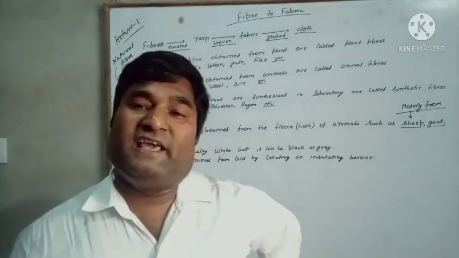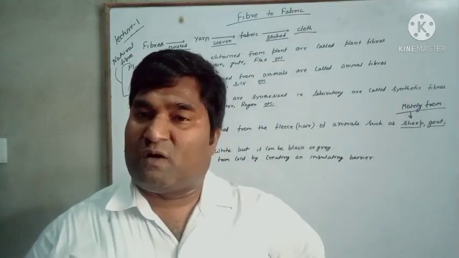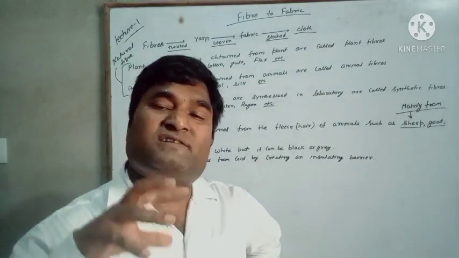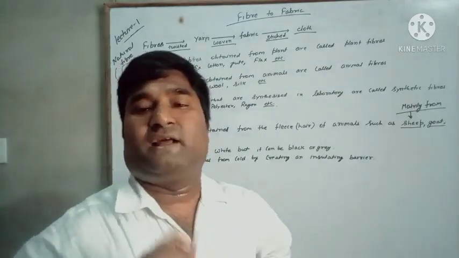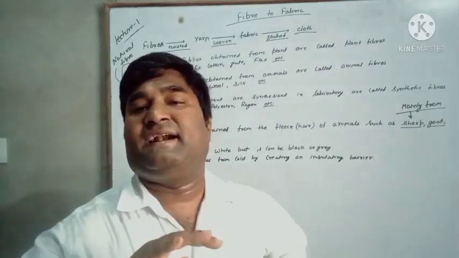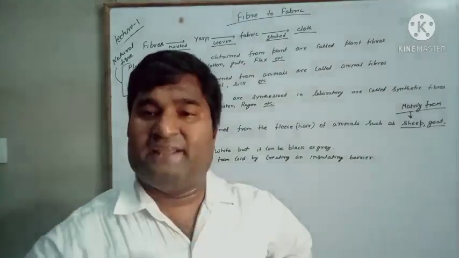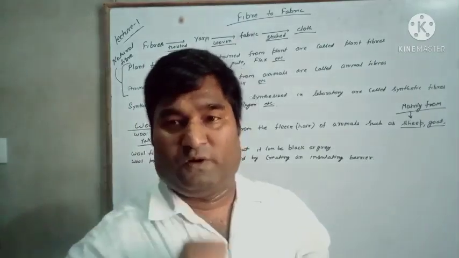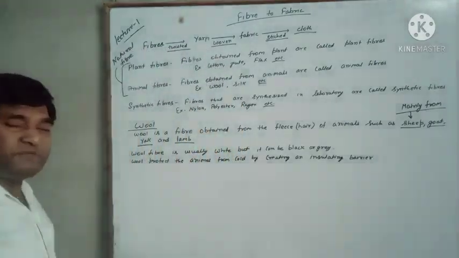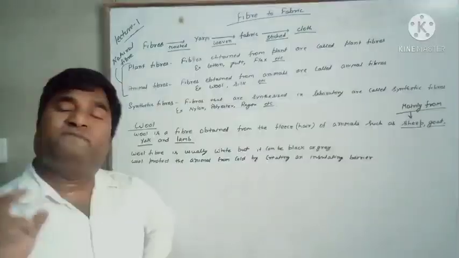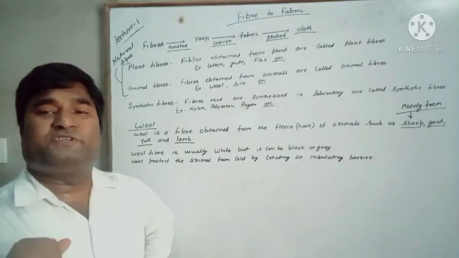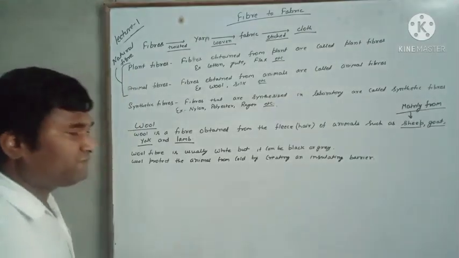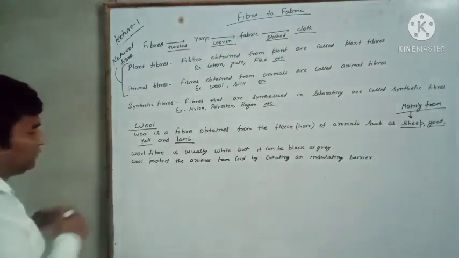Air is a bad conductor of heat. So this thick layer of hair traps air on their body, and this air creates an insulating barrier and protects the animal from extreme cold. So for protection from the cold, they have this air barrier which is formed due to the wool or fleece.